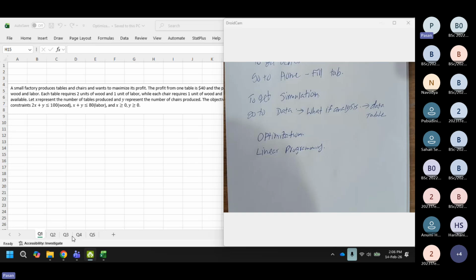If you think about a practical situation, if you are doing some production, or looking into a situation where you have various types of resources available, then in general our target is to maximize our profit or minimize the cost.